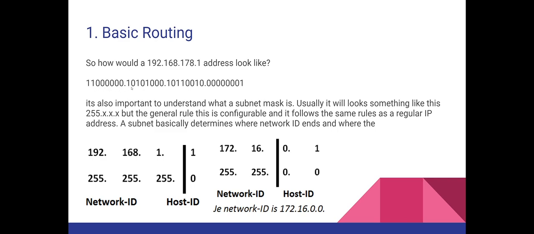From there we have 1 0 1 0 1 0 0 0, which together is 168. And if you want to make 178, you have 1 0 1 1 0 0 1 0. That together makes 178. And if we just want 1, we just have a 1 right here.